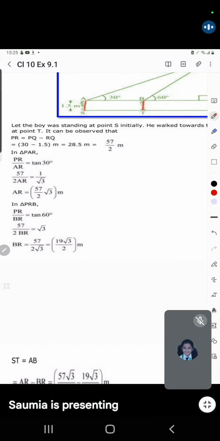They have taken 28.5 as 57/2 just to make their calculations easier. You can keep them as it is, not an issue.